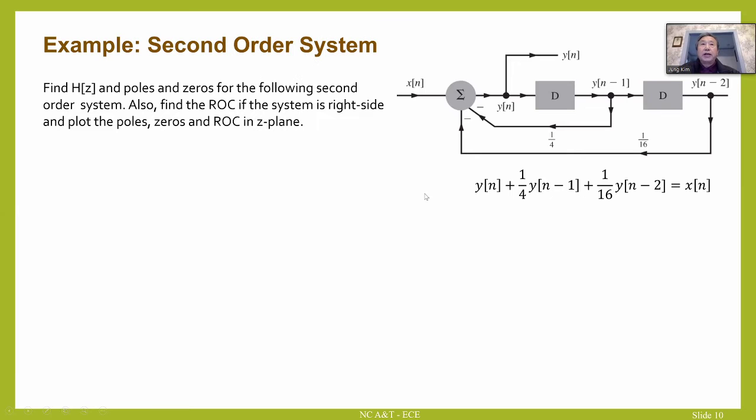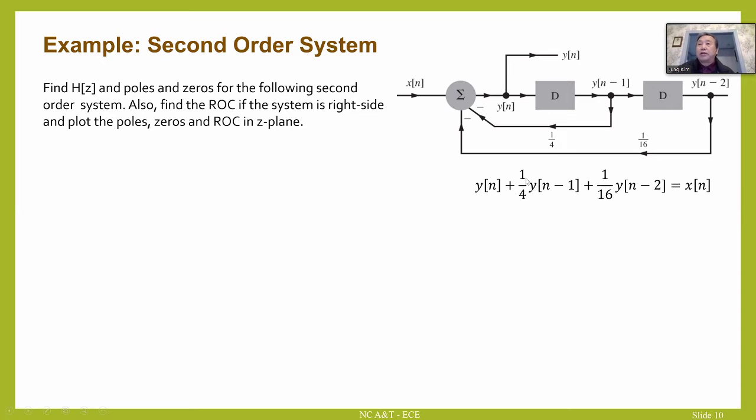Okay, the second order system. Suppose we have a digital circuit like this. From it, last time we found this difference equation. Once we have a difference equation, we apply the Z transform to each term.